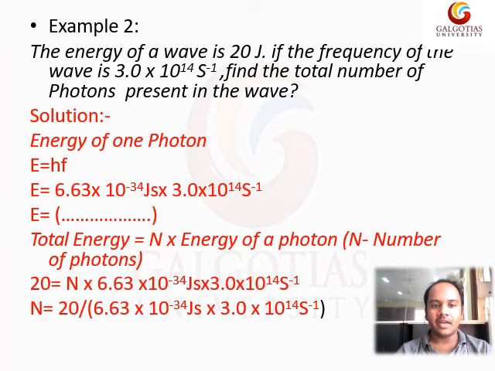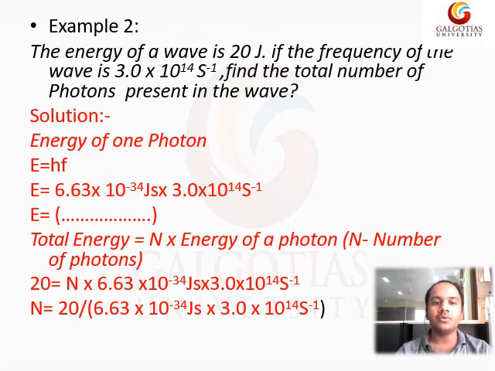We have a second example in which the question is given with the energy, and we need to calculate the frequency. The energy of a wave is 20 joules. If the frequency of the wave is 3.0 into 10 to the power of 14 per second, find the total number of photons present in the wave.